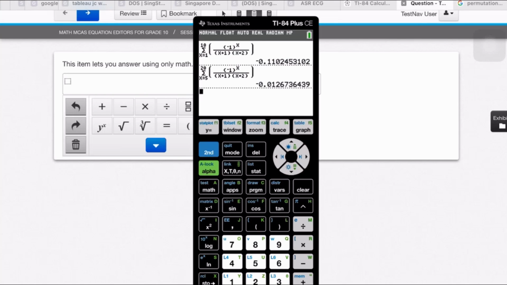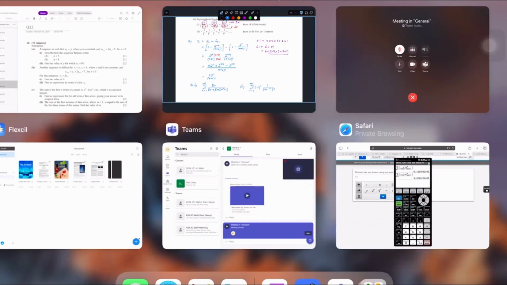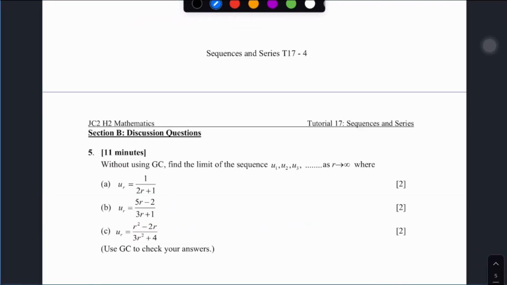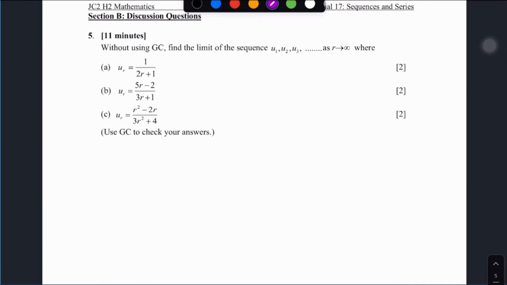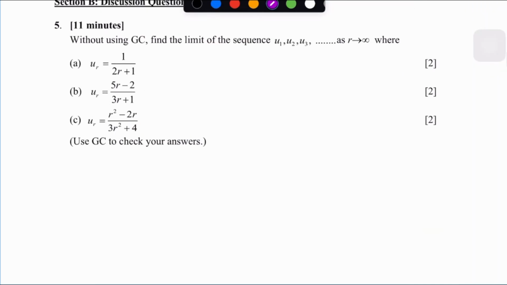Let's look at question 5. Now we are looking at the convergence of a sequence. Why are we studying the convergence of a sequence?